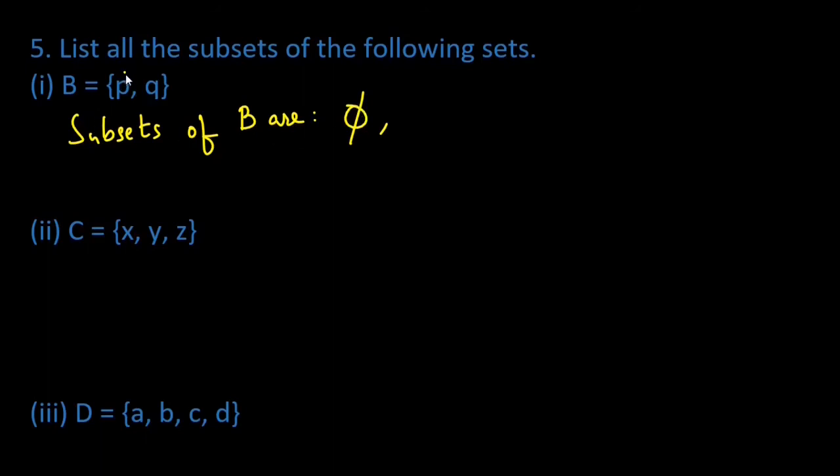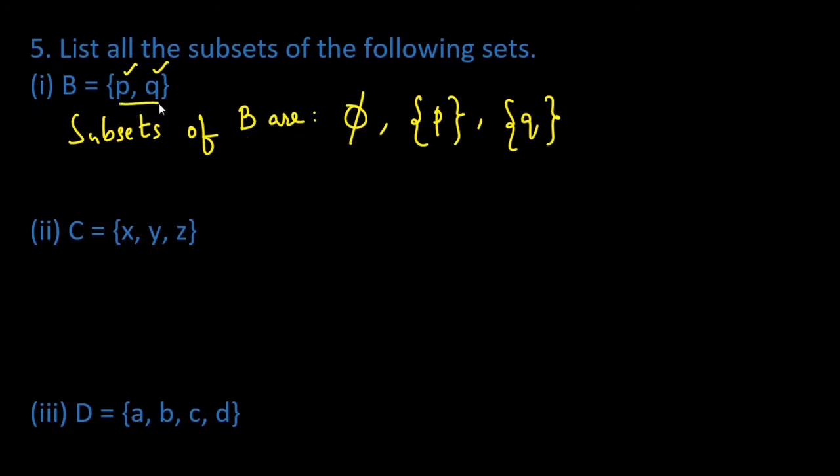Then here we have two elements in B. So let us take first sets containing only one element. So set containing P. Then another element, set containing Q. So now we have taken one element each. Now let us go to two elements each.